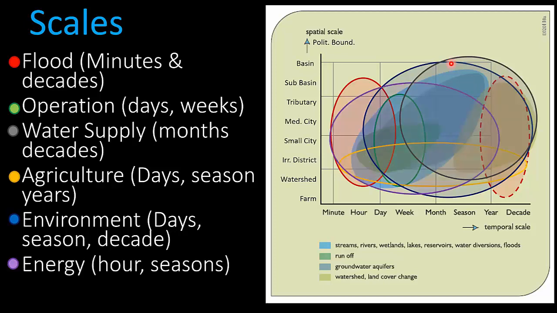Energy goes from minutes, most likely all the way into season, sometimes year, but not that much into the year. It's mostly hourly to seasonal. It will go from watersheds with small hydropower plants all the way to some tributaries.